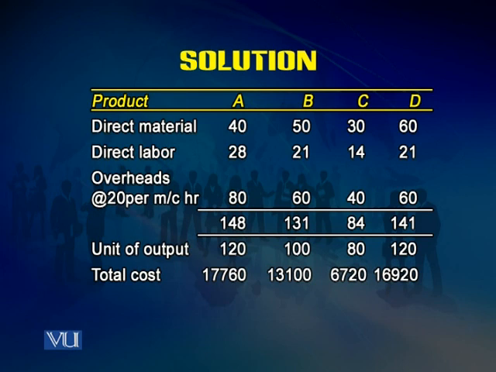So this is the method that we have used previously, and this is our traditional method to arrive at and calculate a machine hour rate for absorption of overheads, then use the direct material, direct labor cost as provided, as allocated, which is usually a direct cost, and then thirdly, to use the absorption rate of overheads, and by seeing the number of hours it takes for each unit to allocate the overheads to the product on the basis of machine hours.